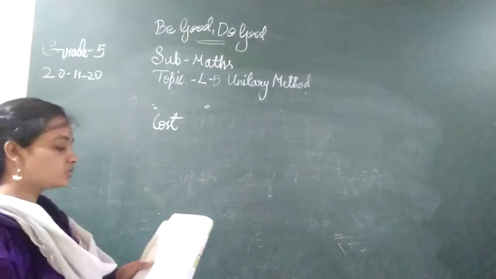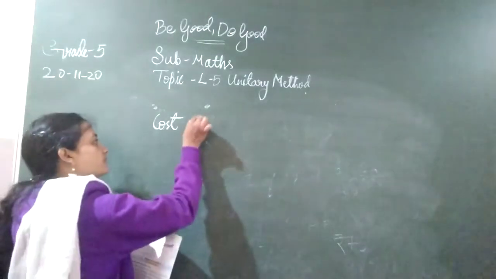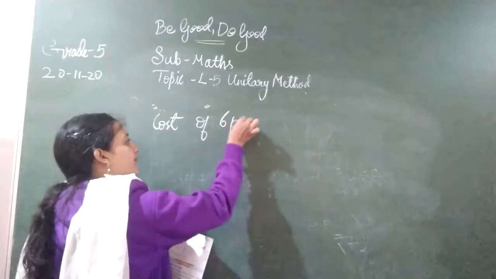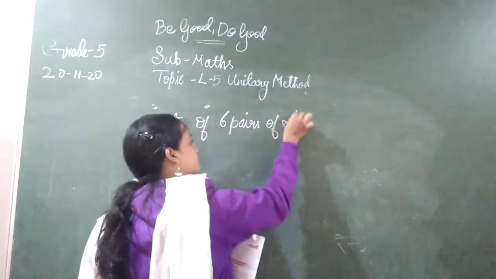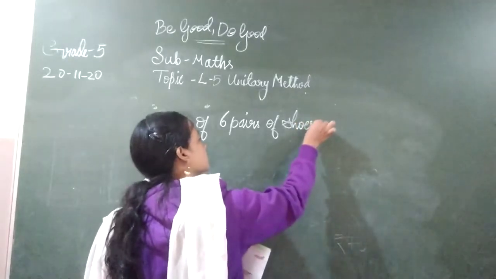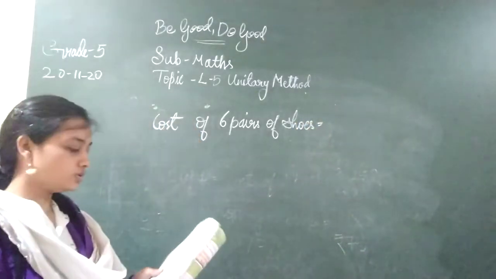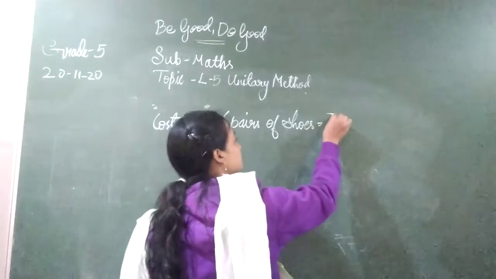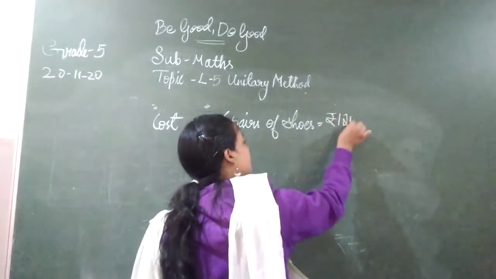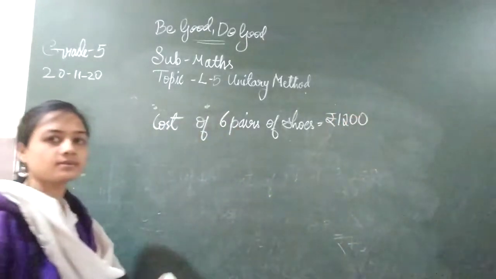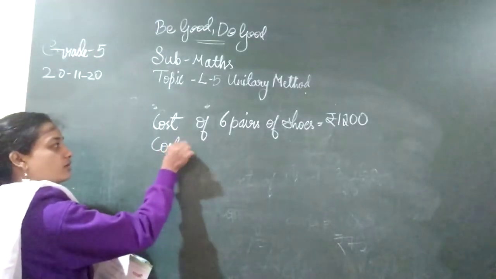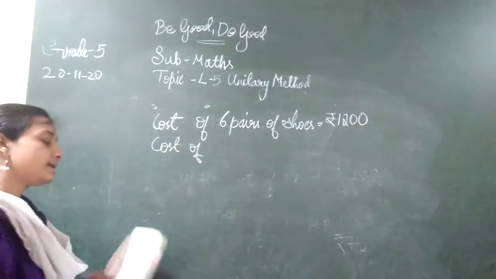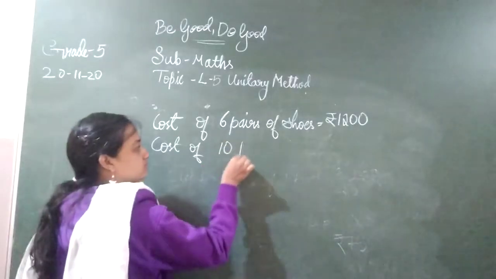How many pairs of shoes have they given? Cost of 6 pairs of shoes. So what is the cost of 6 pairs of shoes? It is 1200 rupees. So what should we find? We should find the cost of 10 pairs of shoes.